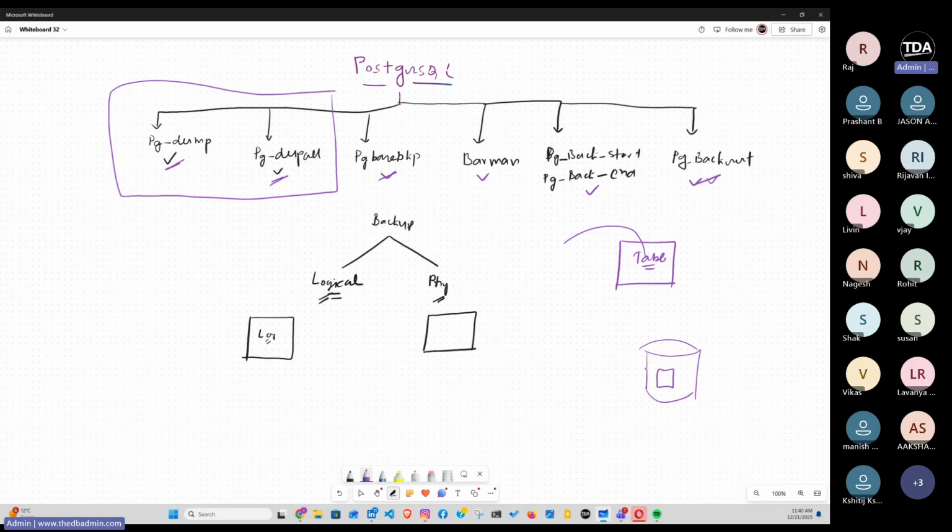I am specifically telling all these things because I have seen people get confused when they go for interviews and we talk about this. So backup and recovery process is going to remain the same.